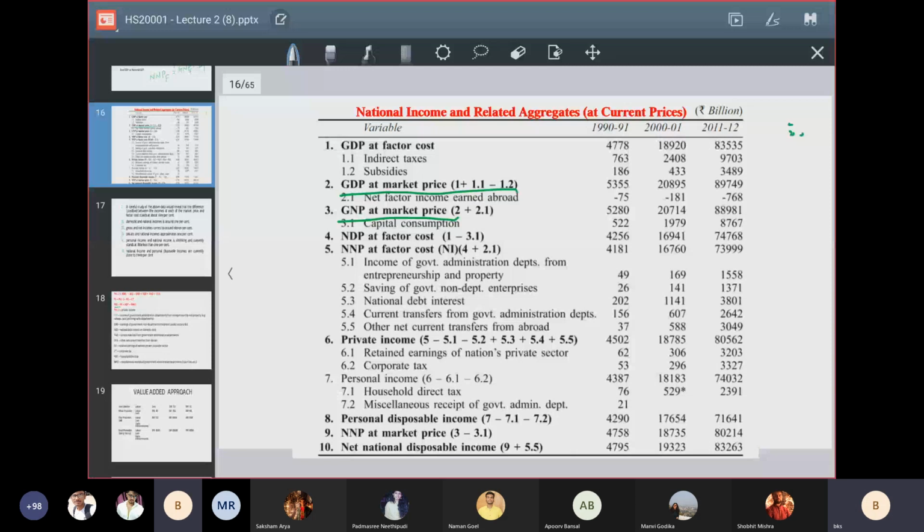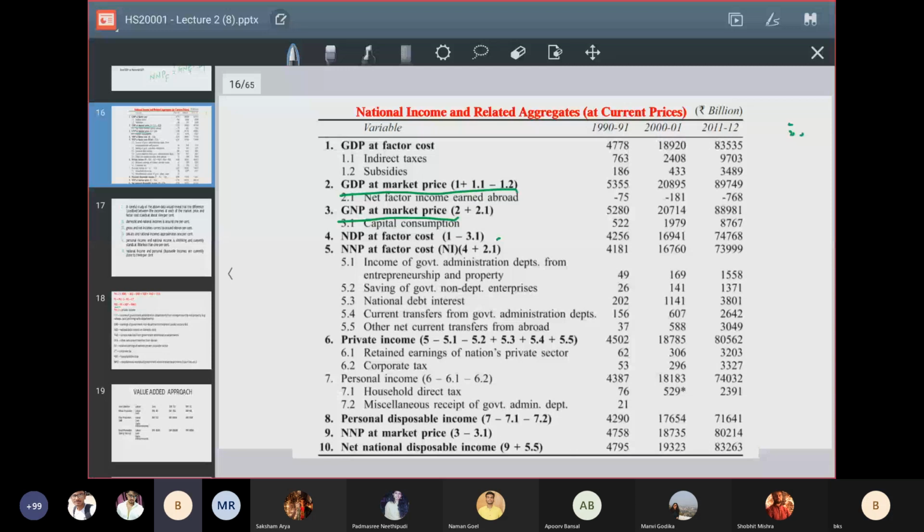And from the gross national product at market prices, if you deduct capital consumption, in other words depreciation, then you can calculate NDP at factor cost and NNP at factor cost.